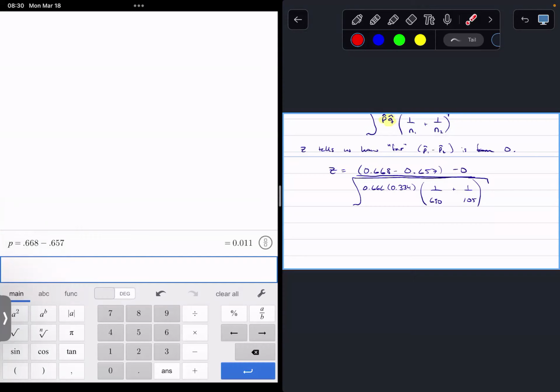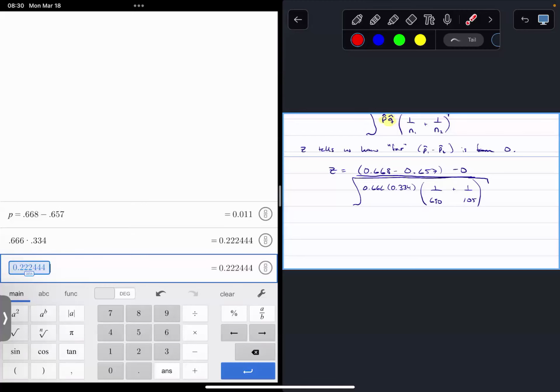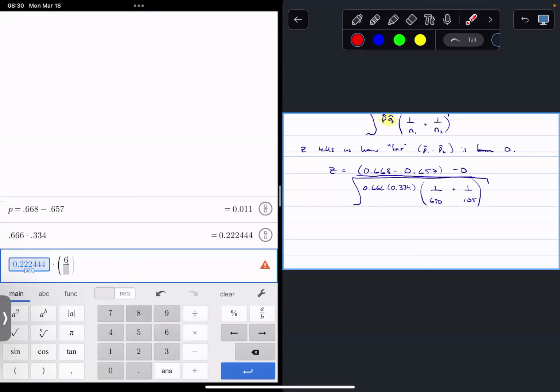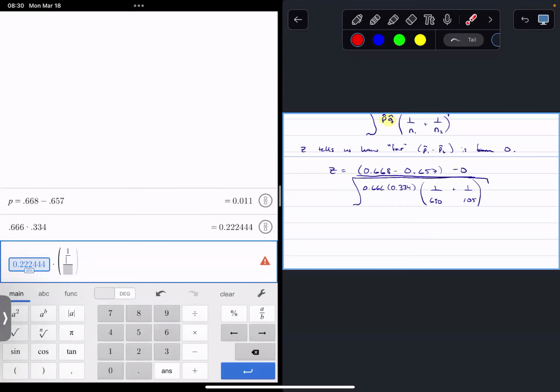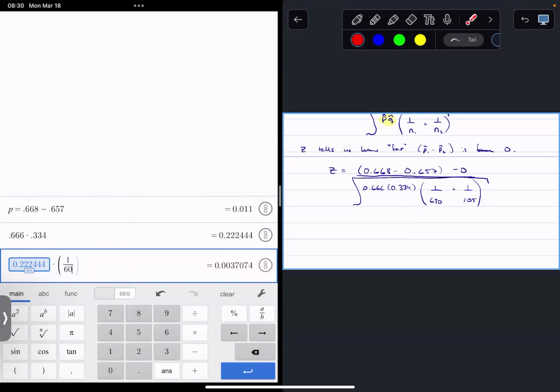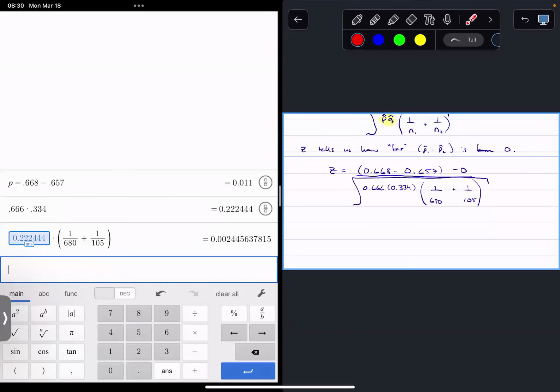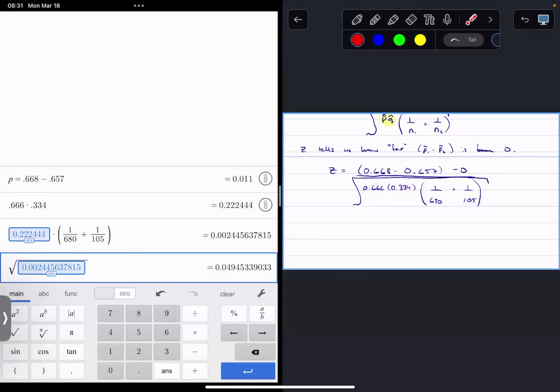Okay, so in the square root, we have 0.666 times 0.334. So that previous answer times bracket 1 over 680, plus 1 over 105. Slow and steady wins the race. There we go. And then I'm going to take the square root of that little guy.